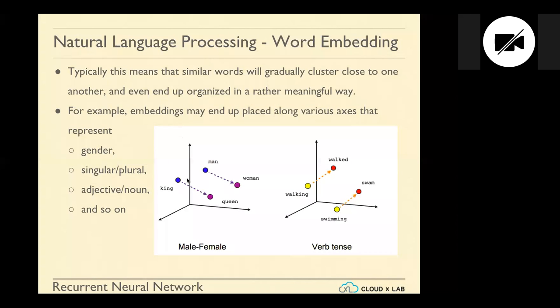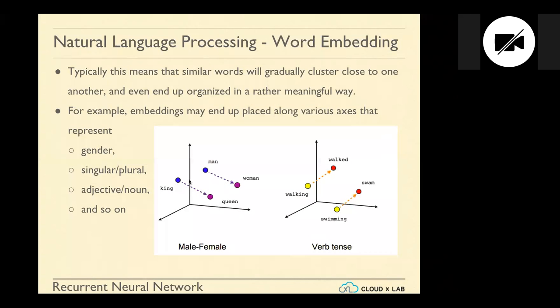Similarly, if we subtract one from another, the new vector that comes would represent the distance, and if that delta is in some way similar to another, those vectors will be parallel. Okay, so here what we are trying to show is that king minus queen and man minus woman are two vectors which are parallel.